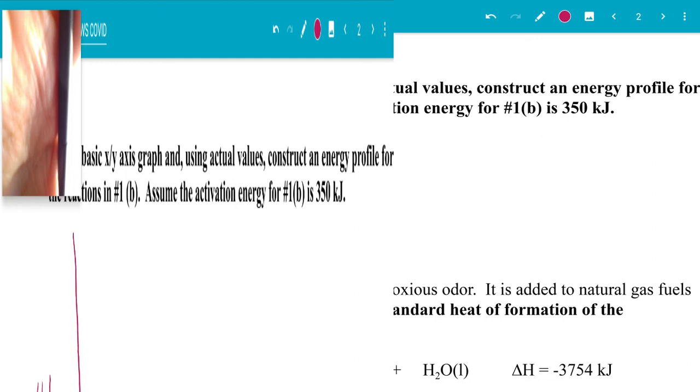So now the activation energy, be careful, the activation energy, let's try a new color here. There we go. The activation energy is the energy that goes from the starting point to the top of the hill. So this is the activation energy. And in this case, we said it was 350 kilojoules. That's the activation energy.